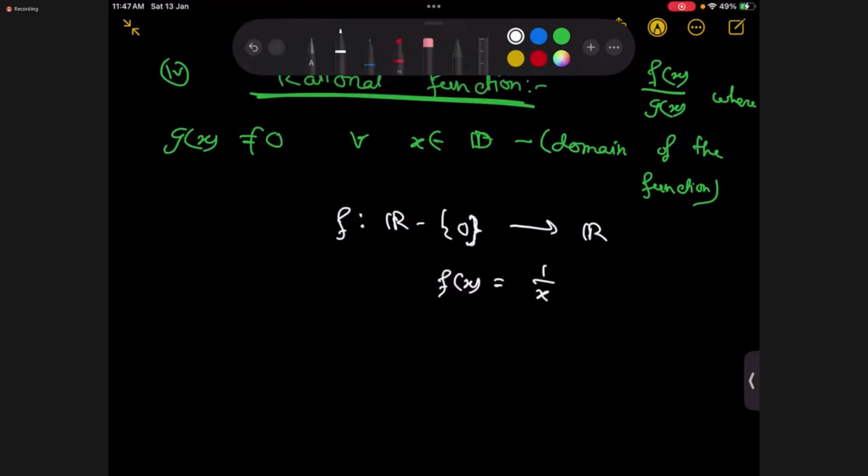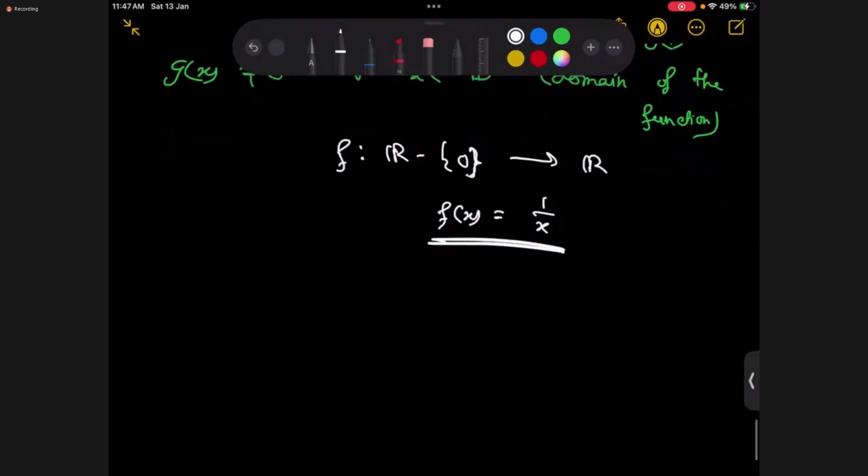So we are writing this as a ratio, and this is our rational function. We excluded 0 because if we put x equals 0, then 1 by 0 is an undefined number. So we don't want to include that point. That's why in the domain of definition, we remove the point 0. So this is the domain of the function. Depending upon the function, we can define the exact well-defined domain for the function.